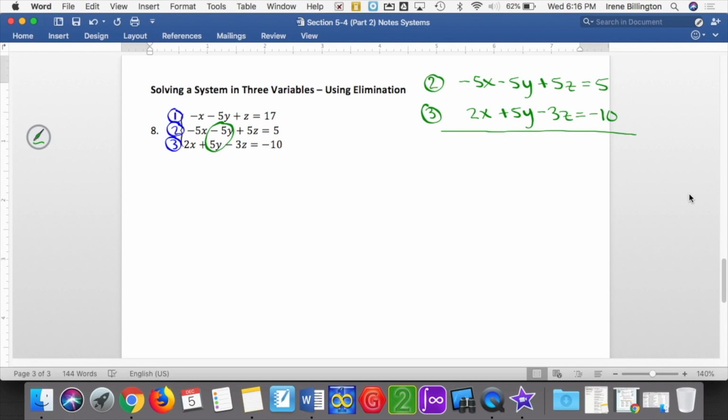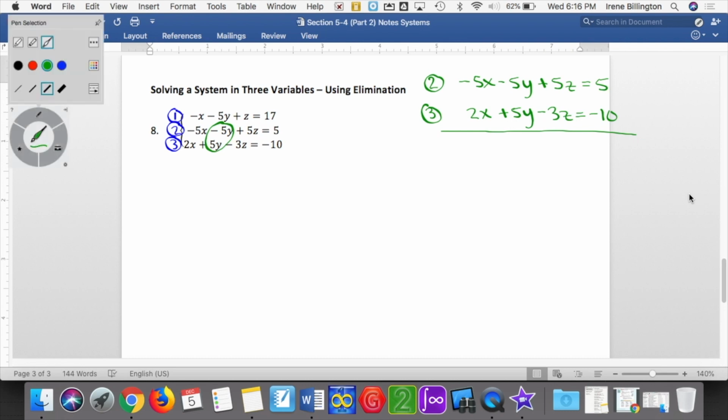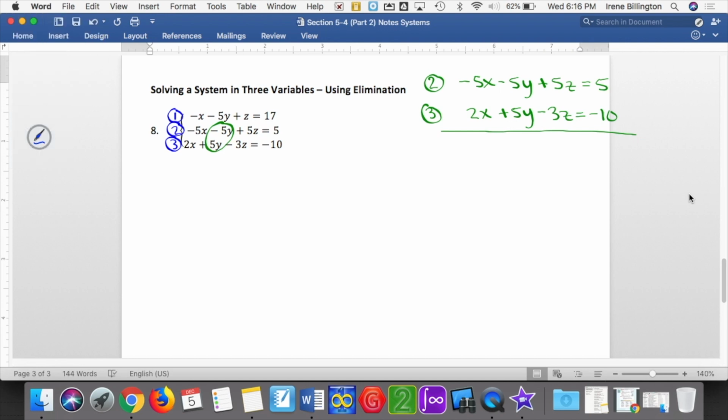Alrighty, remember elimination is where we add vertically. So we are going to add together our x column, our y column, our z column, and our constant column. So negative 5x plus 2x is negative 3x.